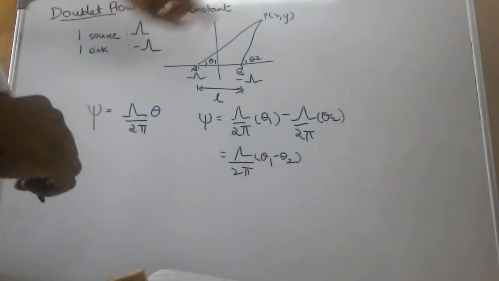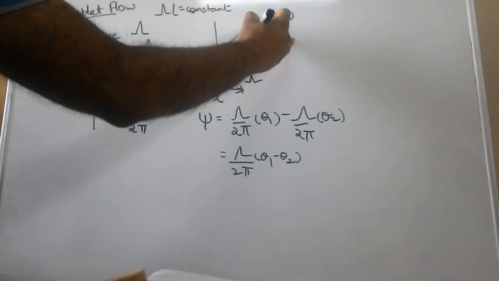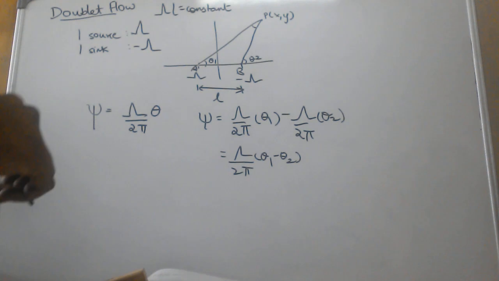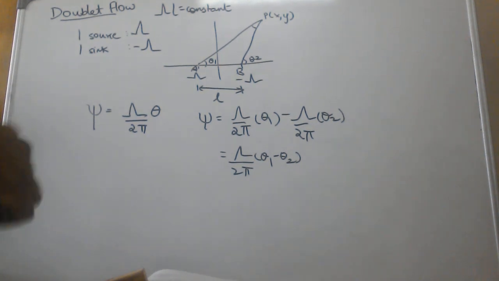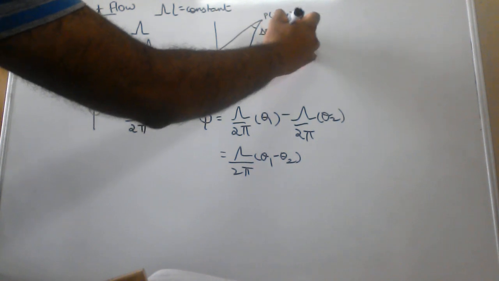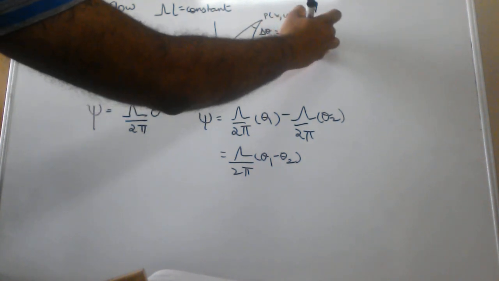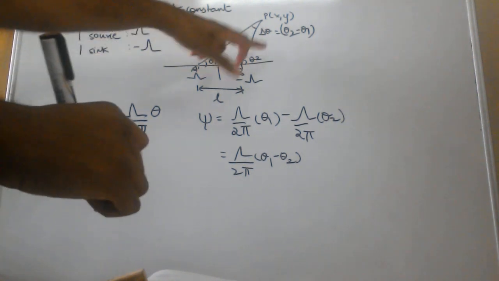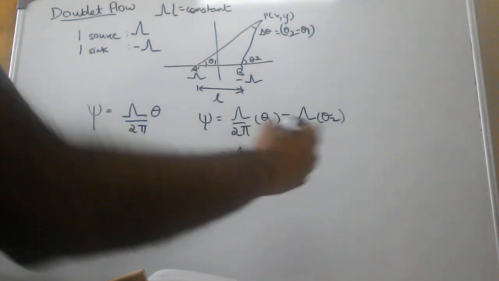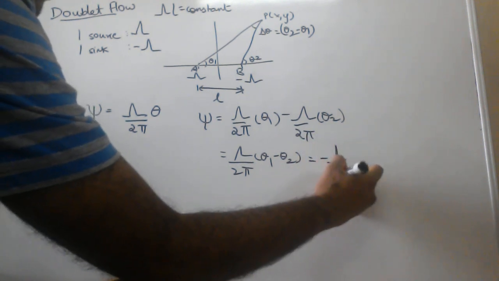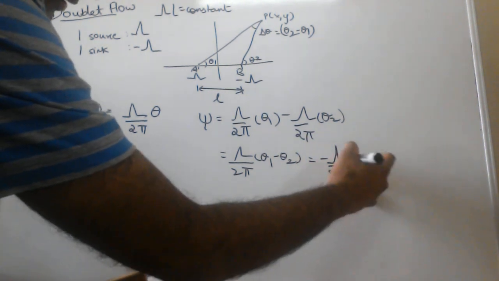So the sum of this angle and theta 1 is going to give us theta 2, because theta 2 forms an exterior angle. So this angle, let me call it delta theta, is going to be equal to theta 2 minus theta 1, right? So now I can just plug in delta theta here. So this is going to be equal to minus lambda by 2 pi delta theta.